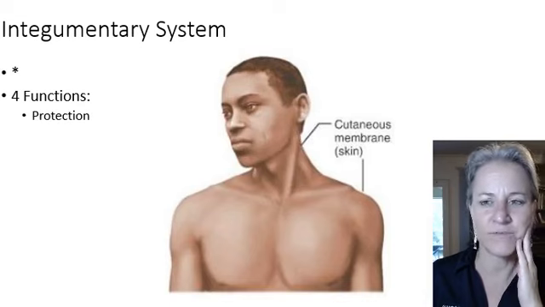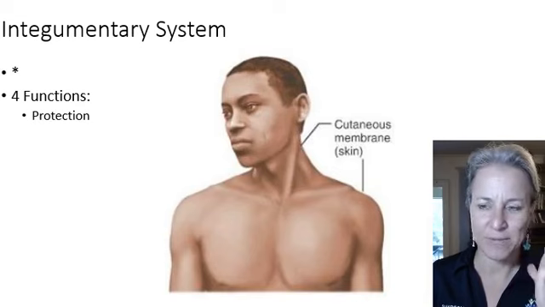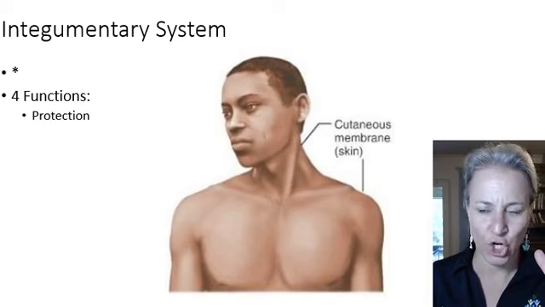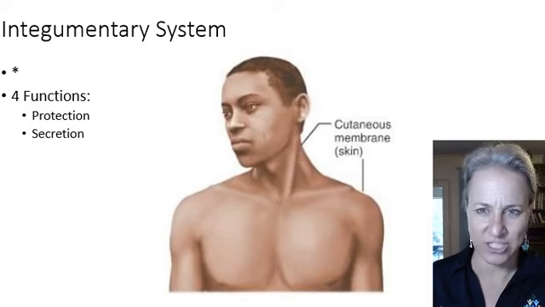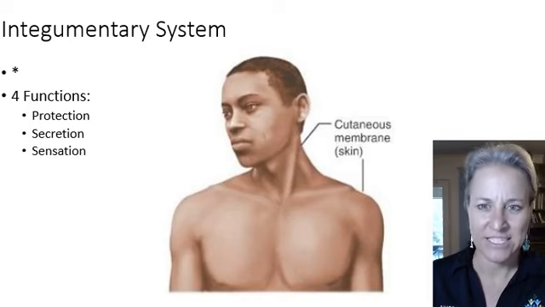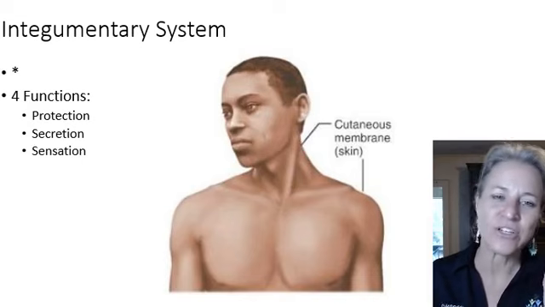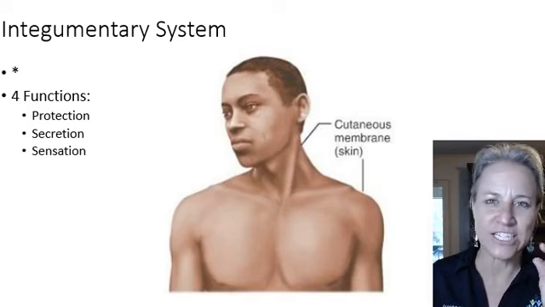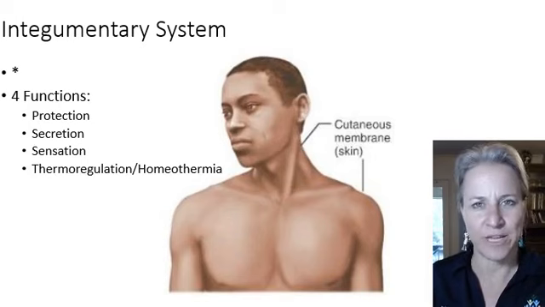One of the functions of the skin is protection. It is a protective barrier. It also is involved in secretions. Sensation: it has all these little dendritic receptors to detect different sensations. And the skin plays a role in thermoregulation and homeothermia.